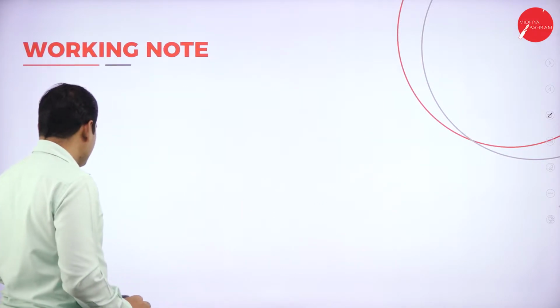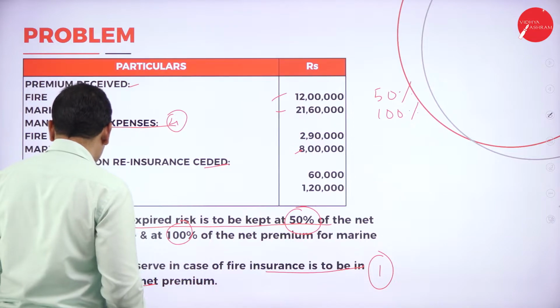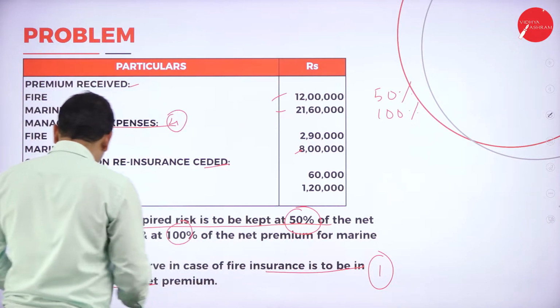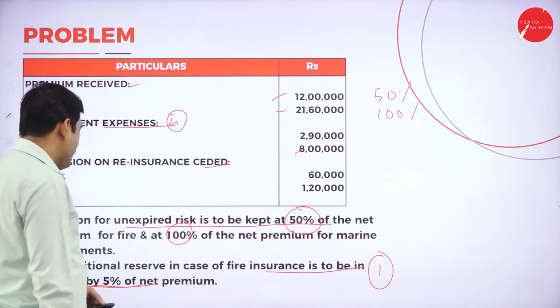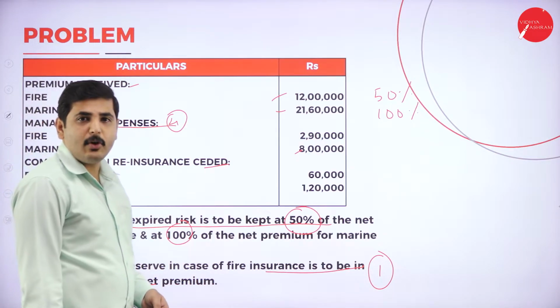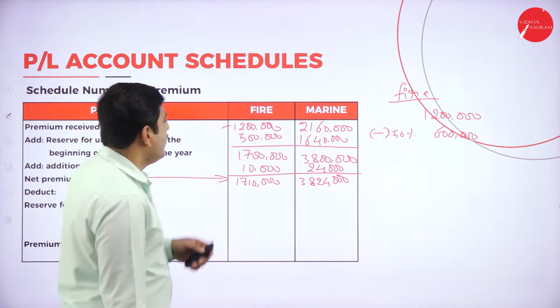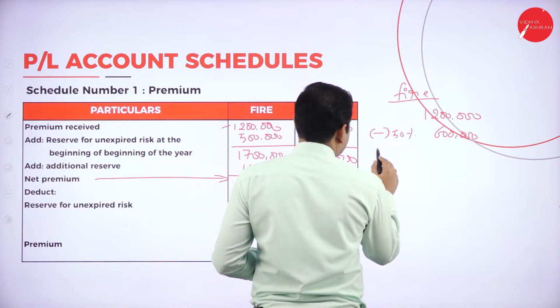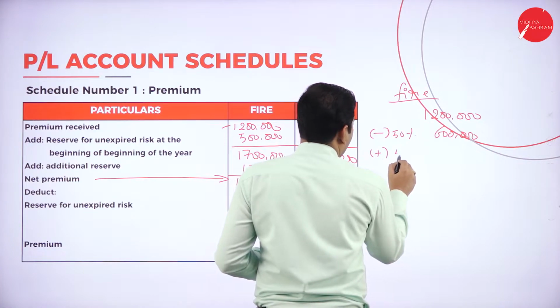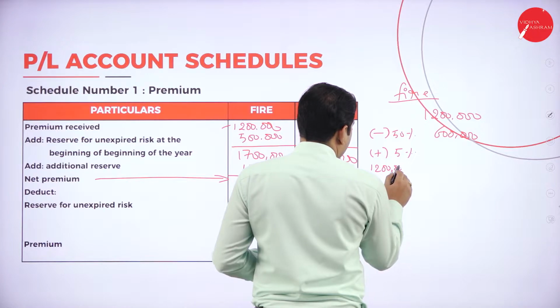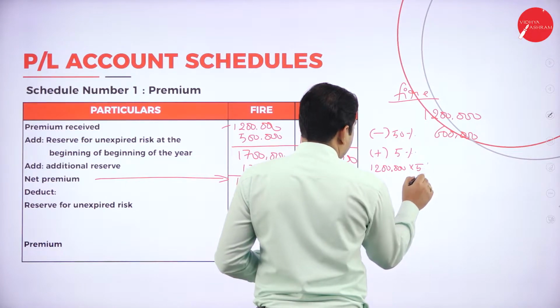Again, he has given one more adjustment. Look at the adjustment. Again, we have to keep additional reserve in case of fire insurance, to be increased by 5% on net premium. What is the net premium again? 12 lakh. So again, for this, add 5% additional premium, 12 lakh into 5%.